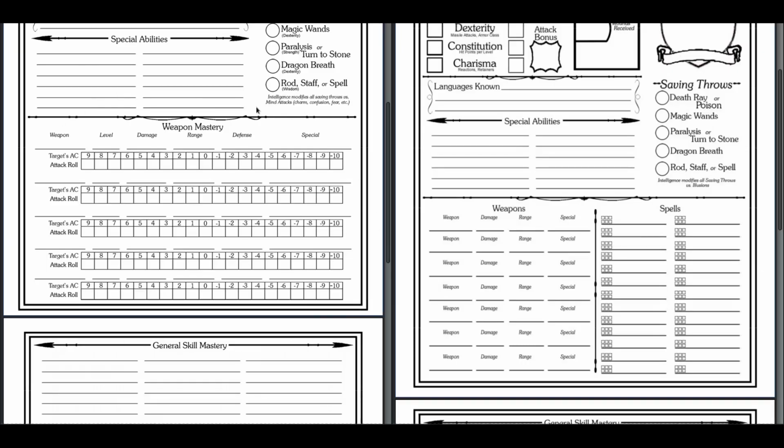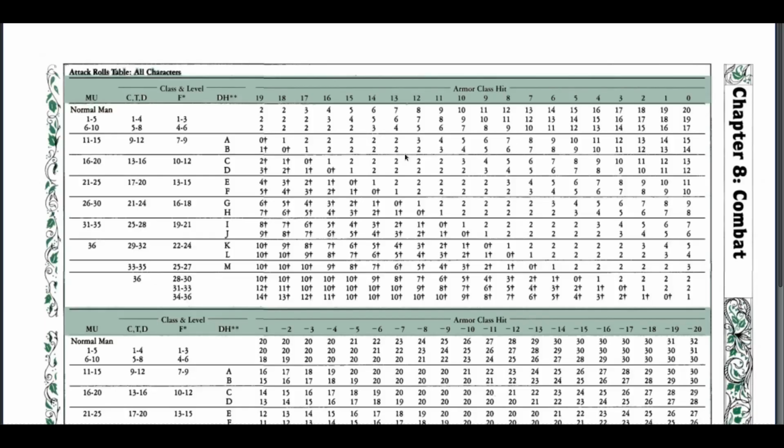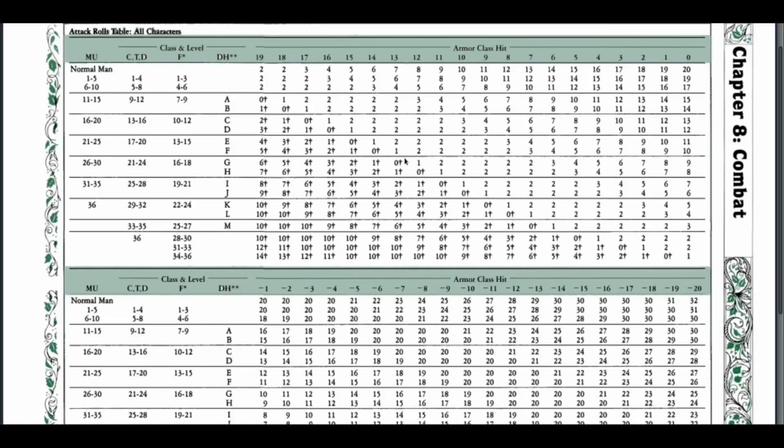But here is something that I really had a hard time wrapping my head around when I was playing the BECMI Rules Cyclopedia game: descending armor class. The lower the armor class, the stronger the character was. And here is an attack rolls table from the Rules Cyclopedia.